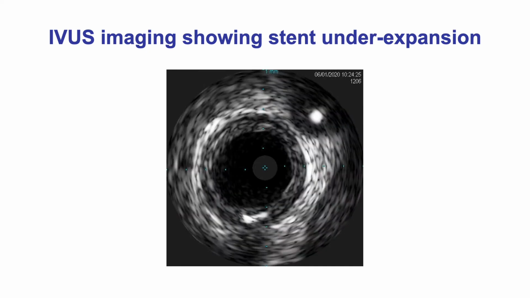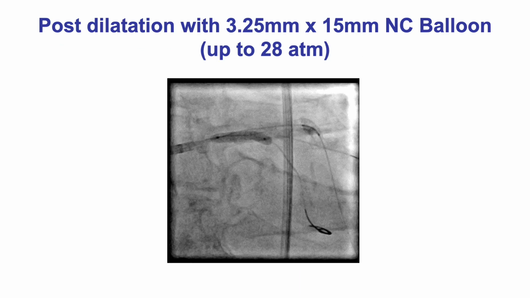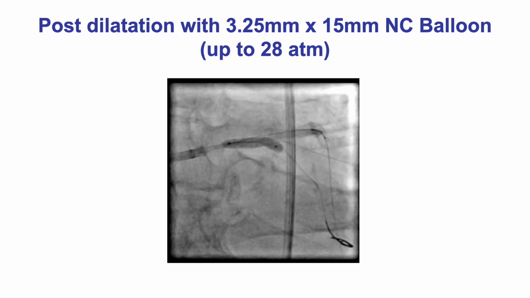So we decided to use a 3.25 millimeter by 15 NC balloon. We inflated with up to 28 atmosphere to maximize the stent expansion.